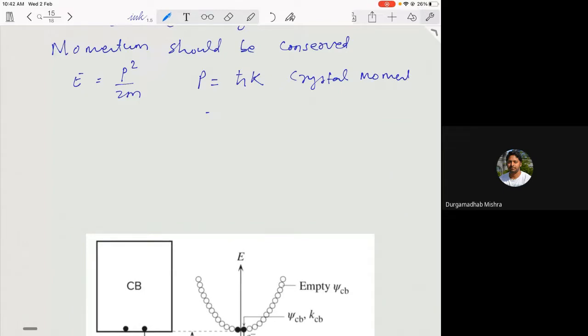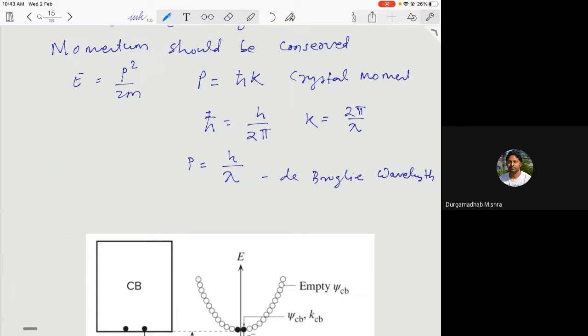And if you look at this h cross k, what is h cross? H cross is a representation we use like h by 2 pi, and k is 2 pi by lambda. If you substitute that, you get your familiar expression p is equal to h by lambda, where lambda is the de Broglie wavelength of the electron in that energy state.